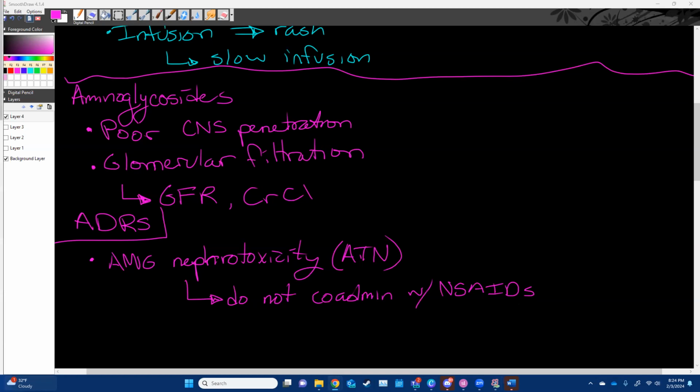Lots of others: antivirals, acyclovir, tenofovir, lots of chemotherapy drugs, anti-inflammatories, all that kind of stuff. Aminoglycosides, AMG.